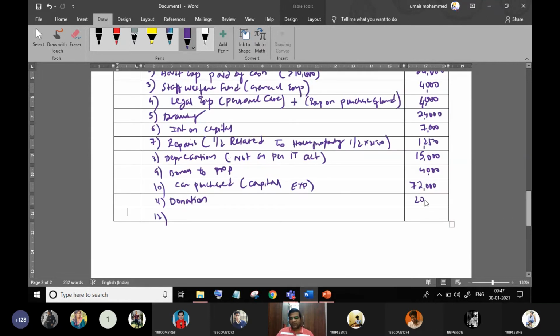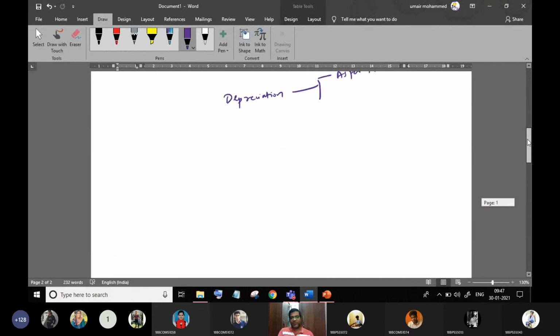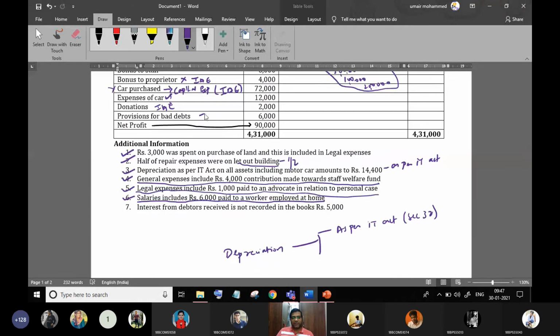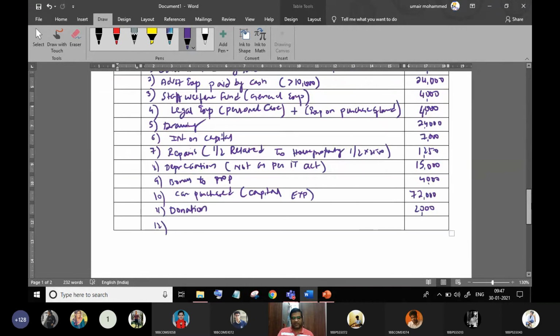And I told you, income tax does not allow reserves and provisions, because reserves and provisions will reduce your profit unnecessarily. So therefore, provision for bad debts is also an inadmissible expense. 6,000 rupees. Provision for bad debts. 6,000 rupees.